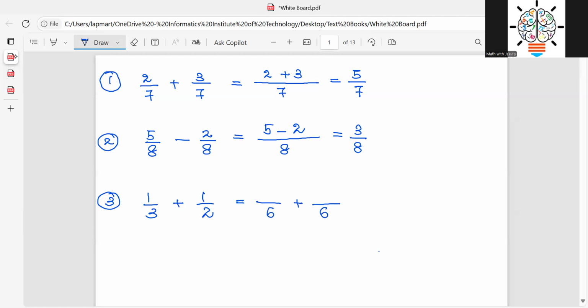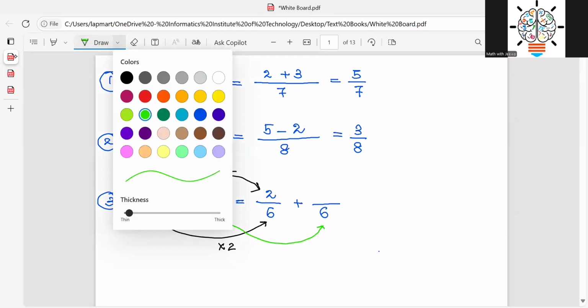How am I going to convert 3 into 6? Multiply by 2, right? 3 times 2 is 6. So I do the same thing here, I multiply the numerator by 2, and the answer will be 2/6. In the same way, how do I convert 2 into 6?